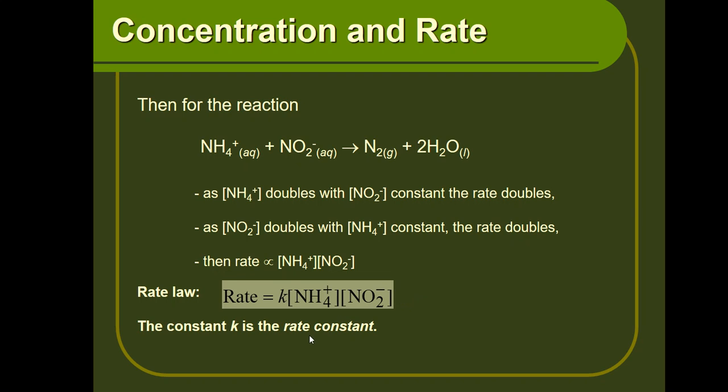Now, speaking of the rate law, these are your concentration terms, and this is your rate constant. The rate constant is temperature dependent. So we will talk about later how we're going to determine the rate constant. It's temperature dependent, and as such, its value is taken from a series of experiments.